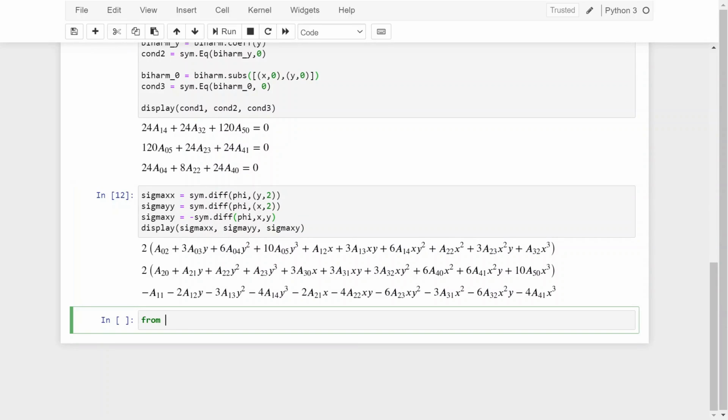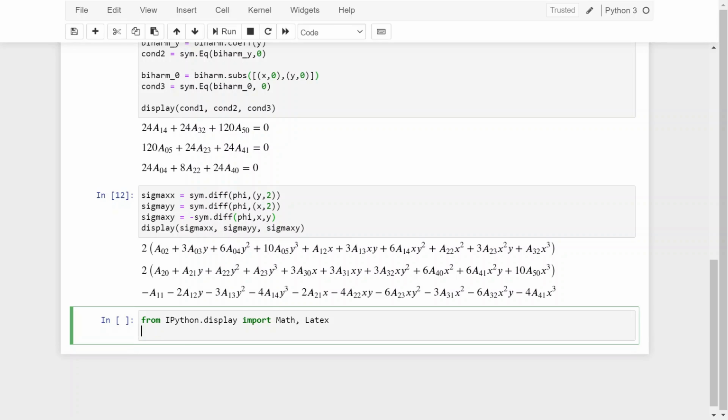From IPython.display, import Math and Latex, and now we are going to display our sigma xx, sigma yy, and sigma xy in a clearer fashion. So display, we'll use a little bit of LaTeX here.